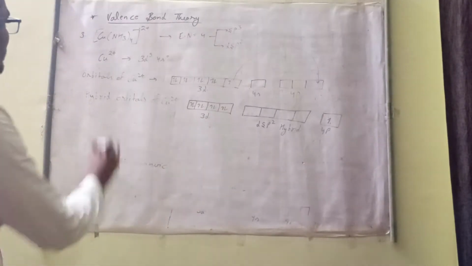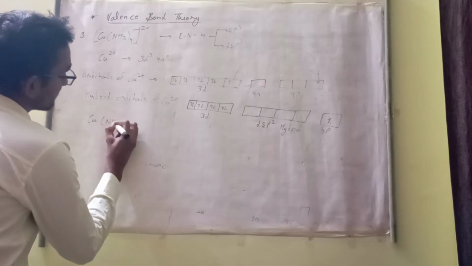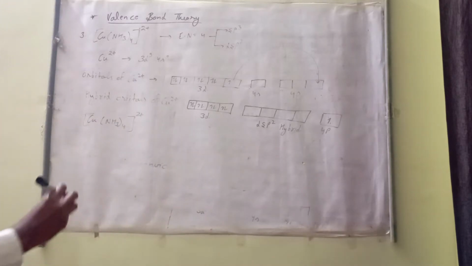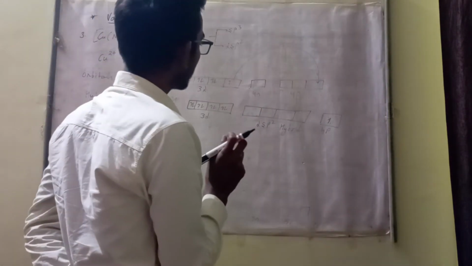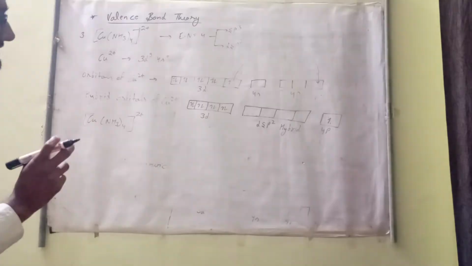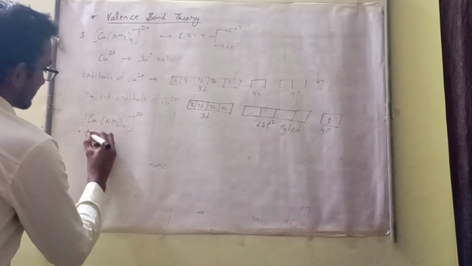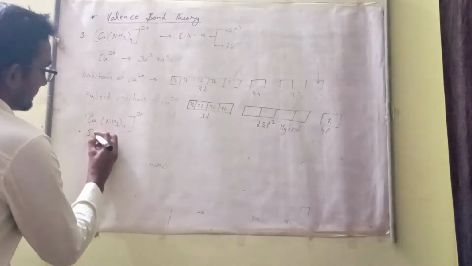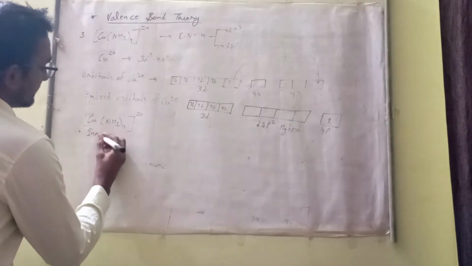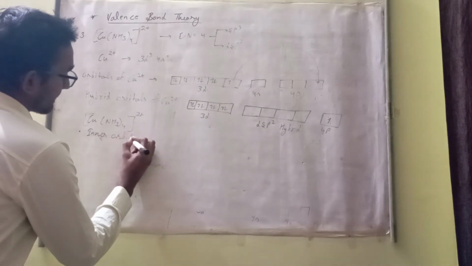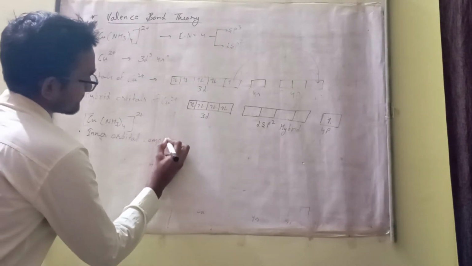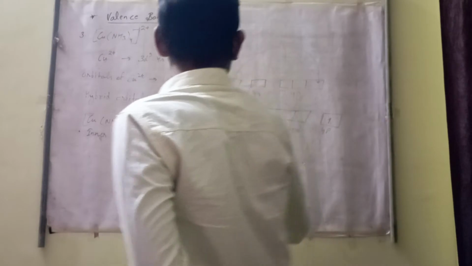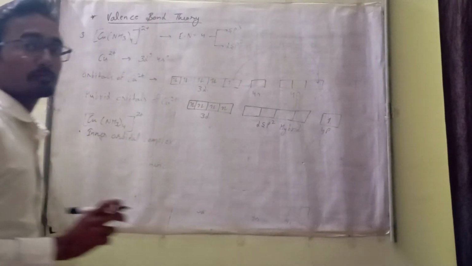Now the complex is [Cu(NH3)4]2+. It is an inner orbital complex, and one unpaired electron is present.